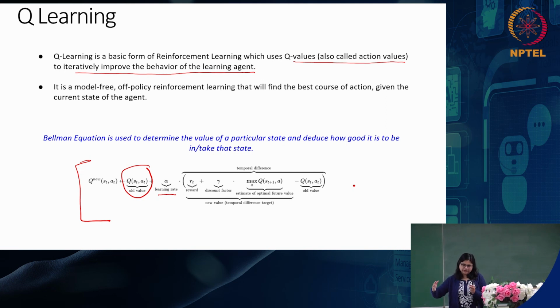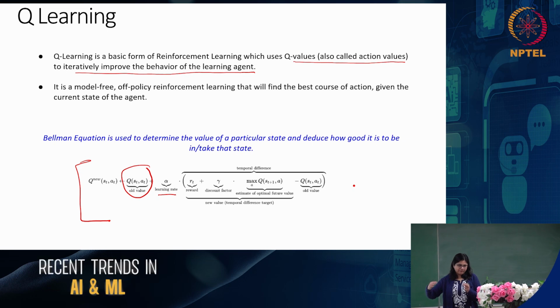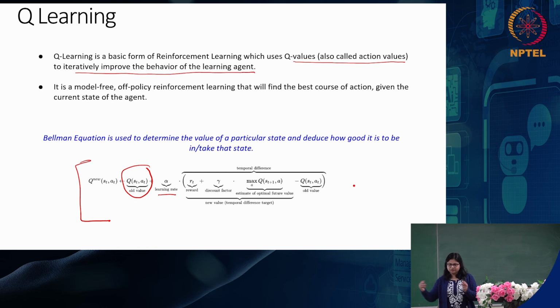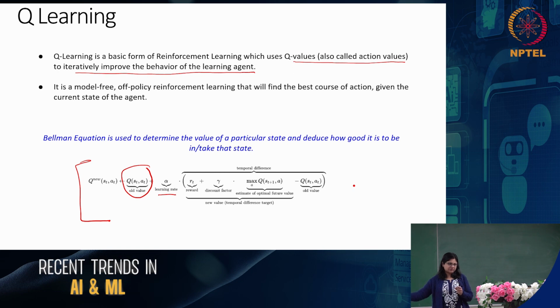So that way you are getting an approximation, a new value, and from the table you are getting an old value. This is why it is called temporal difference, because you are at a timestamp and going further ahead. There is a state change: you are in S_t, now you are going to S_t plus 1.